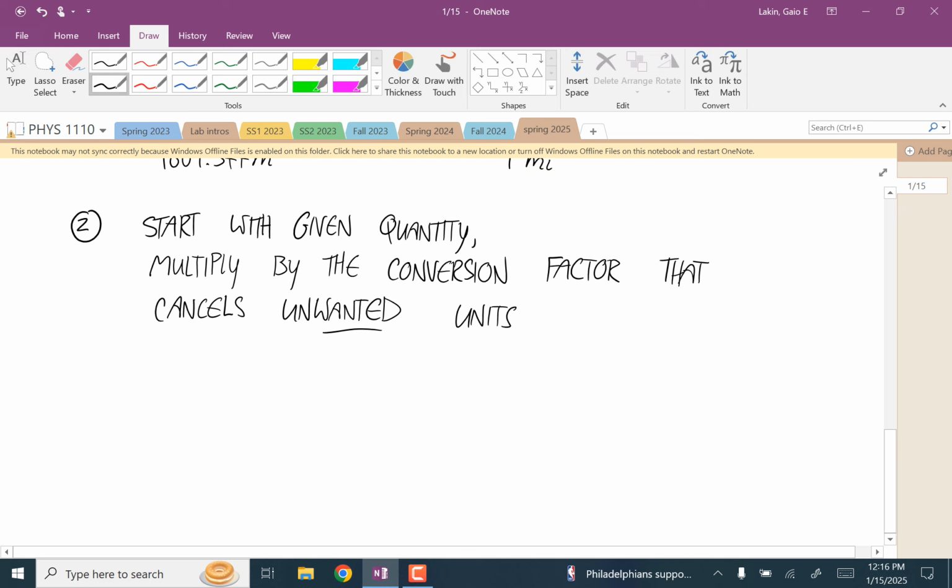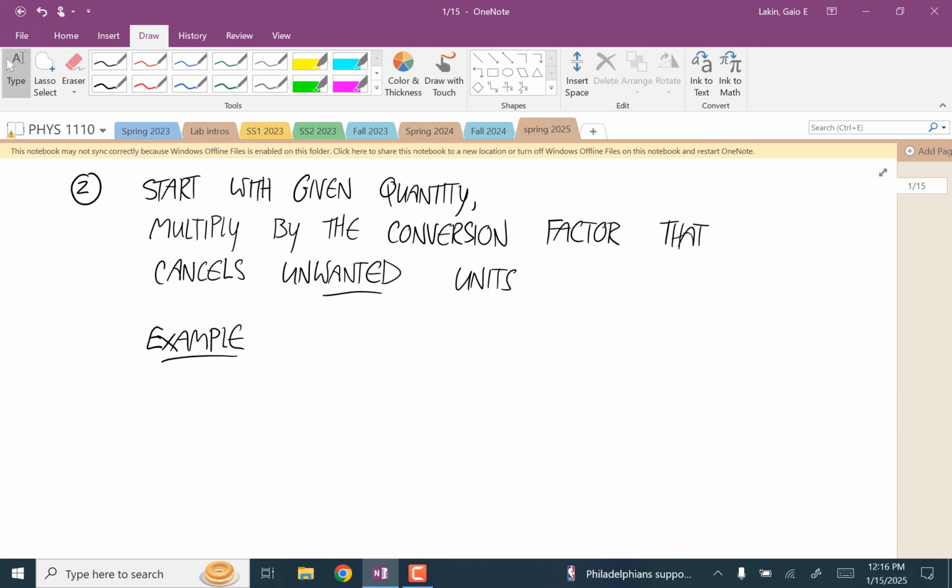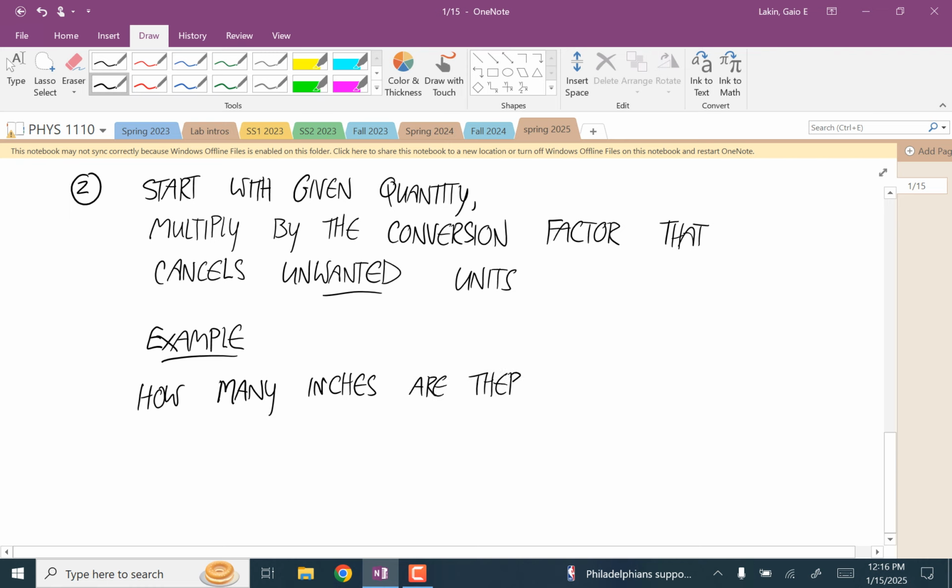Okay, so let me do an example. Let's say we want to know how many inches are there in 5 miles, given that 1 mile is equal to 63,360 inches.